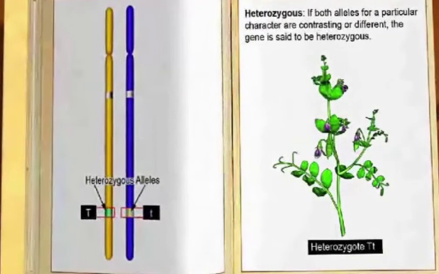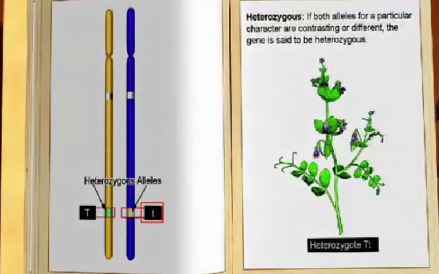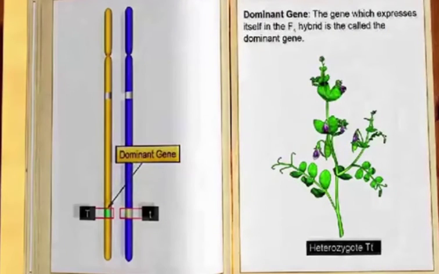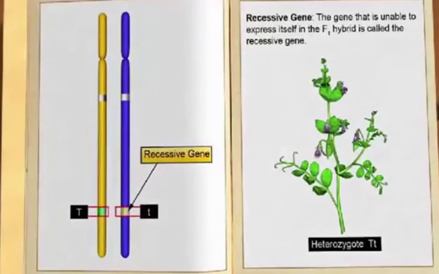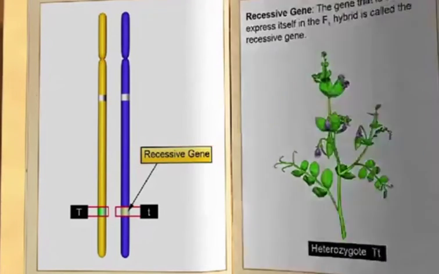In a heterozygote, only one of the contrasting genes is able to express itself, while the other gene remains hidden. The gene which expresses in the F1 hybrid is called the dominant gene, while the gene which is unable to express itself in the F1 hybrid is called the recessive gene.